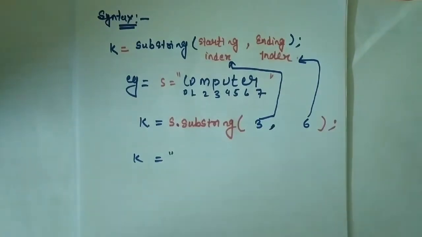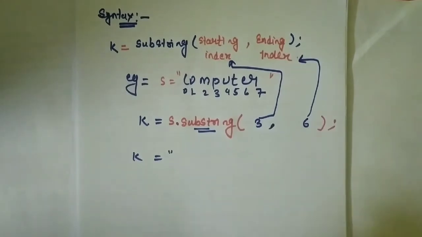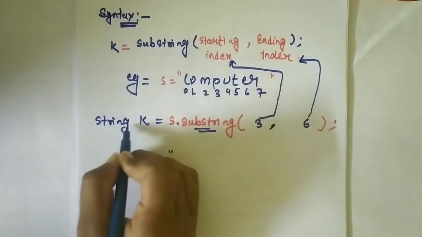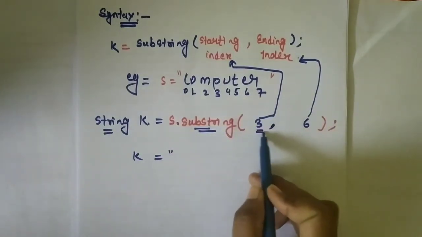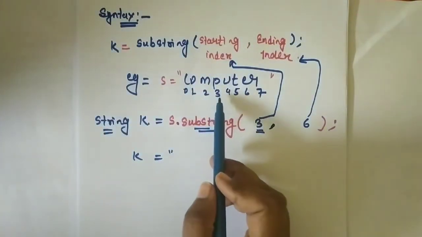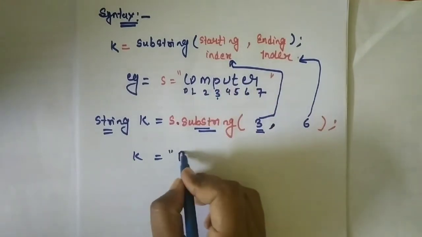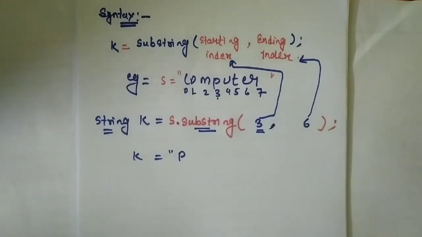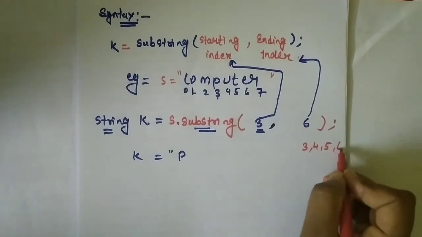What is the return type of this function? The return type of this function is also string. And what is the value of k? The starting position is 3. So let's check the character present in the third position. That is P. So here we can write P. Then what is the ending position? 6. That means it can take 3, 4, 5 or 6.